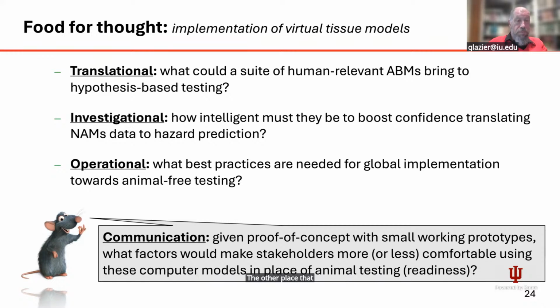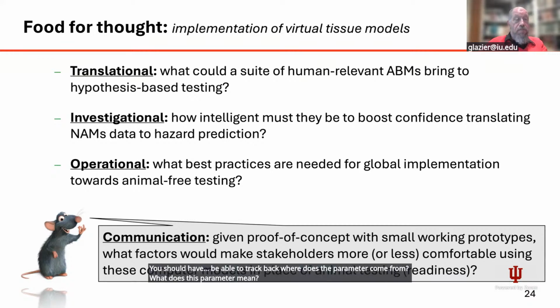The other place that LLMs can help a lot is in annotation. We didn't talk about this the other day, but in principle, especially if you're going to use something in a regulatory medical context, you should be able to track back where a parameter comes from and what it means.